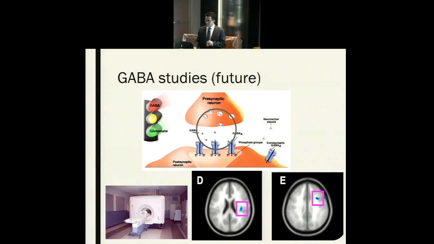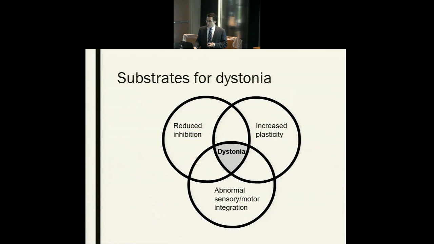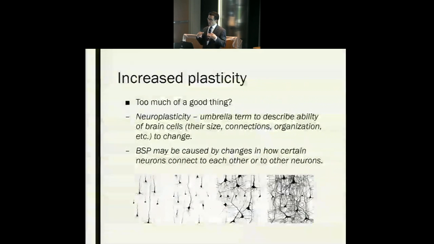So the other substrate that was mentioned is increased plasticity, and we can presumably use structural MRI techniques to look at whether the changes in brain connections and size alter the structure of the brain. Plasticity is a term that talks about the ability of brain cells to change, and it's this change in their size or their numbers of connections or how they're organized.